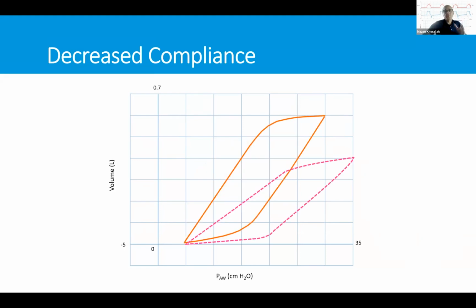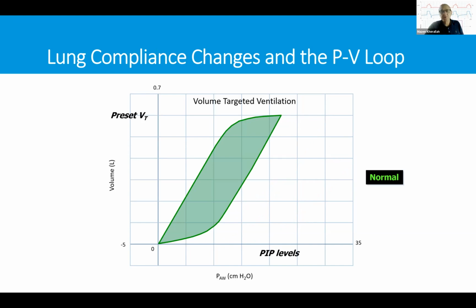The slope of this would give you an idea about the compliance. If the whole PV loop is shifted to the right, your system is less compliant. If it is shifted to the left, your system is more compliant.